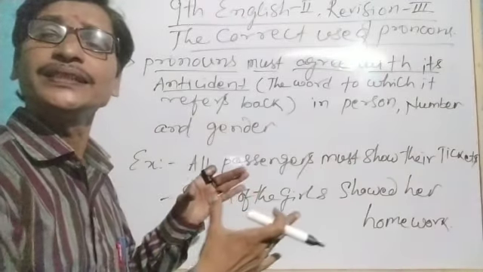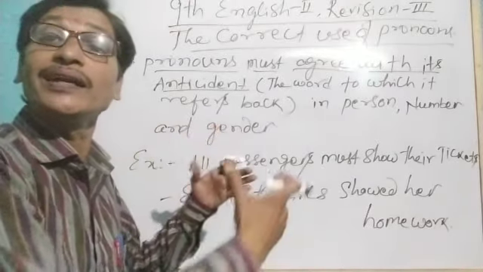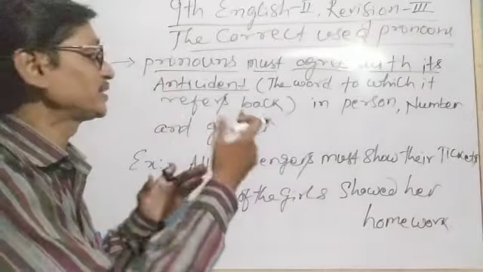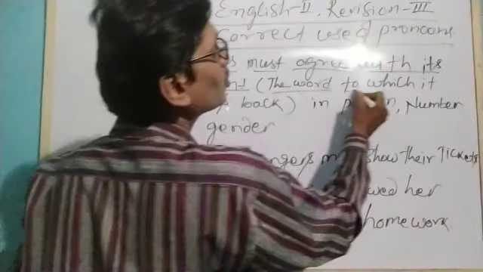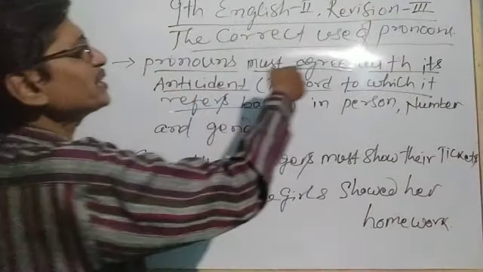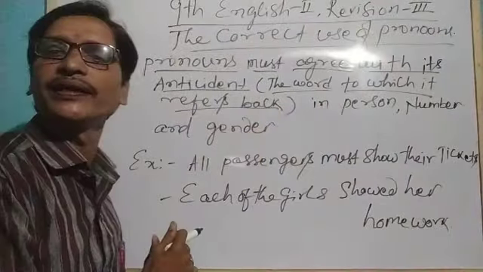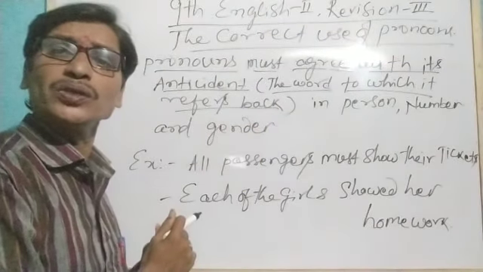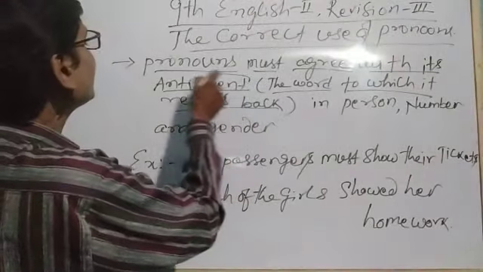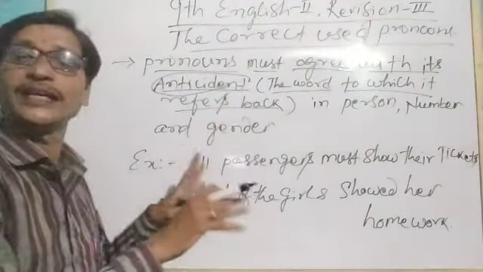Antecedent means the subject and its number, the person and the gender we have used before this. Antecedent means the word to which it refers back. So pronouns must agree with their antecedents in person, number and gender. Antecedent means the subject, you can say. Here I am telling you the example.